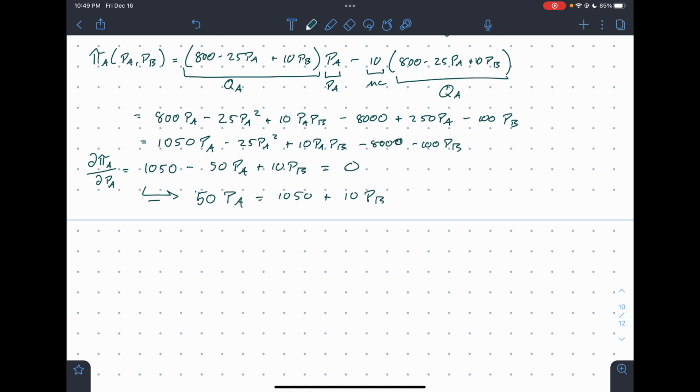And this will get me PA equal to 1050 divided by 50 plus 10 divided by 50 times PB.